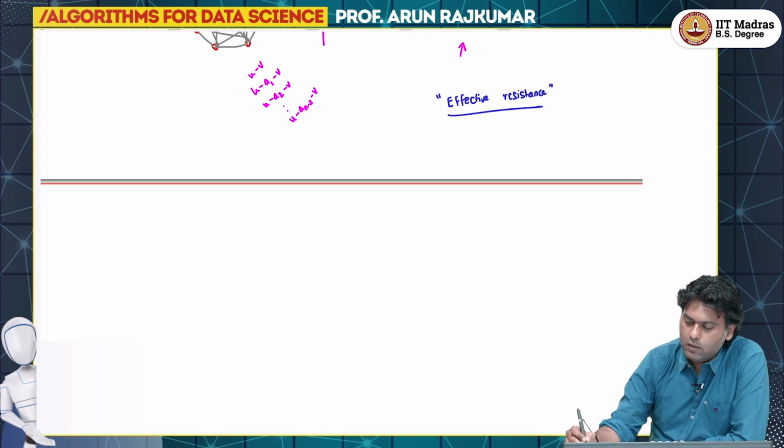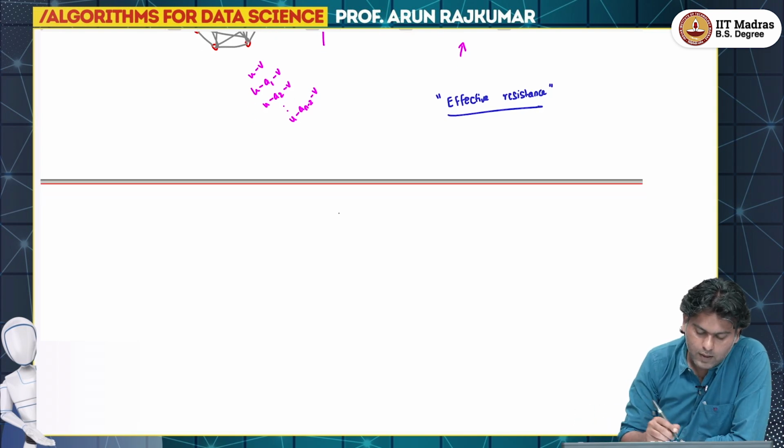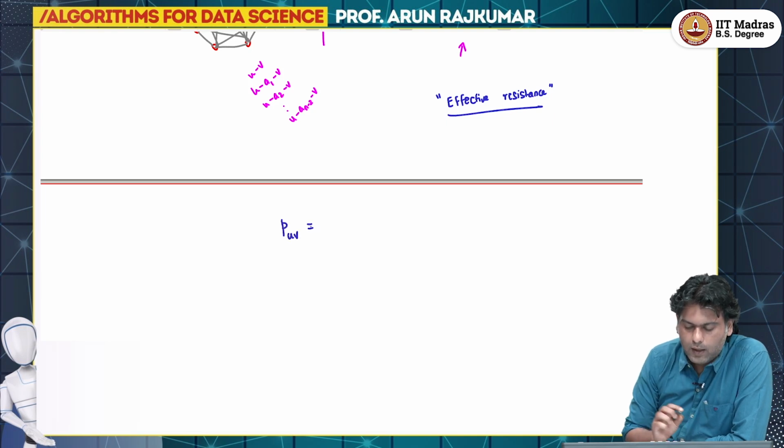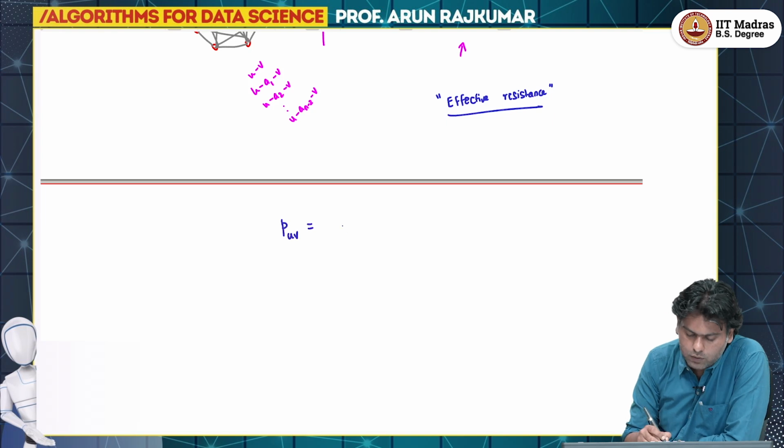So, if you look at the way PUV is defined, it is defined as a quadratic form, and I will tell you what this is after I write this.